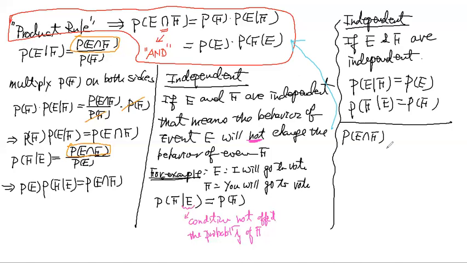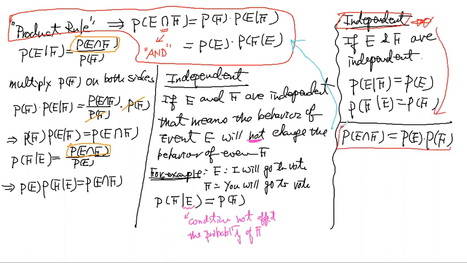But since they are independent, this will just be the probability of E times the probability of F. So if they are independent, the probability of E times the probability of F equals the probability of E intersect F. This is super important.